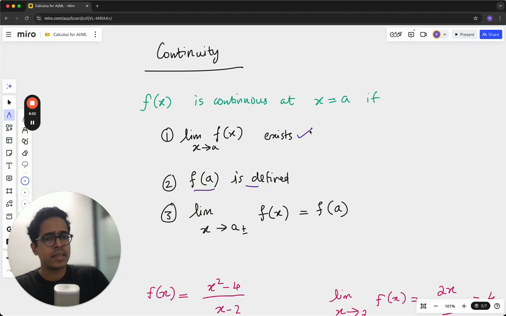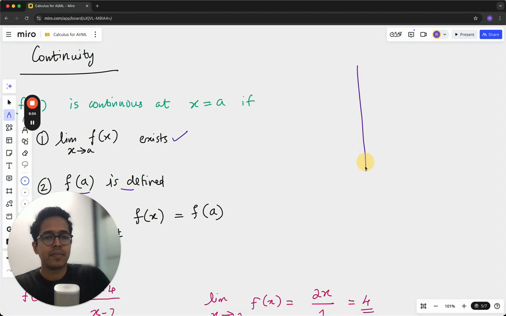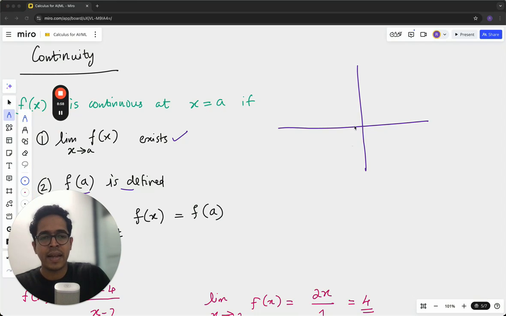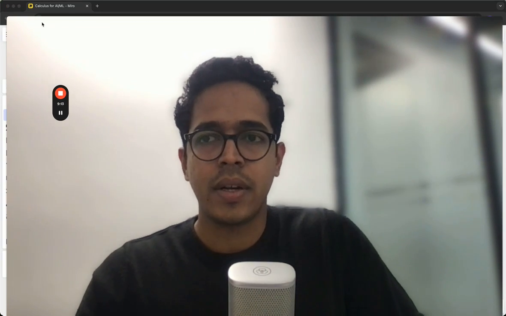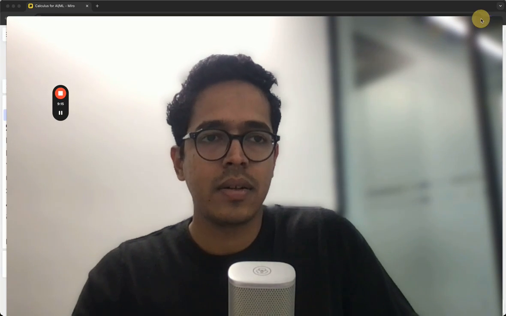So for example, I'm drawing a function which probably does not exist in real life. Let's say my function was something like this, and there is a small gap here. Sorry, I enlarged myself. Let me go back.